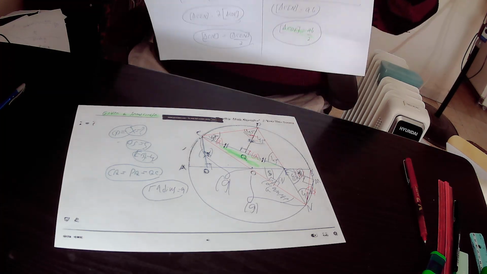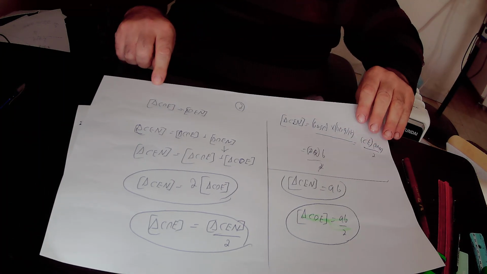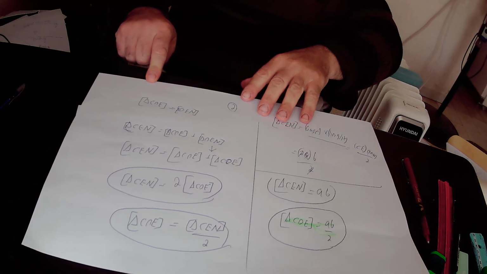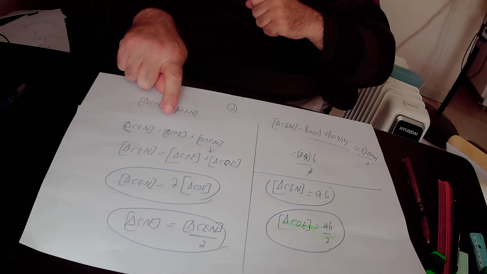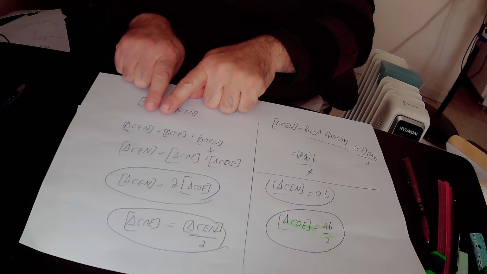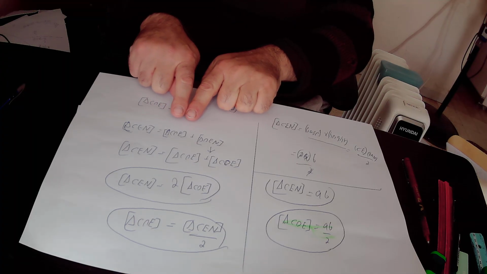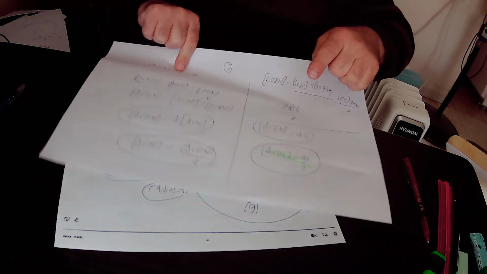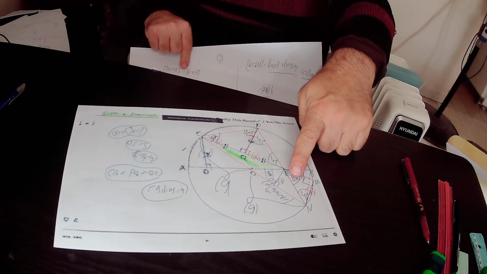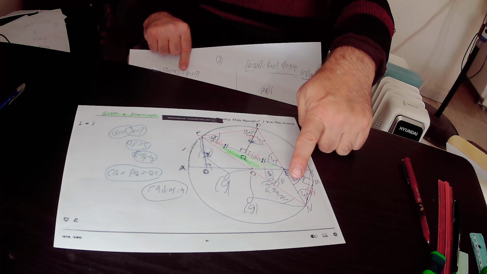So the area of the big triangle CEN is equal to the area of the two components that it consists of. The first component is the green triangle COE, so it is the area of the green triangle COE, plus the area of this triangle OEN.